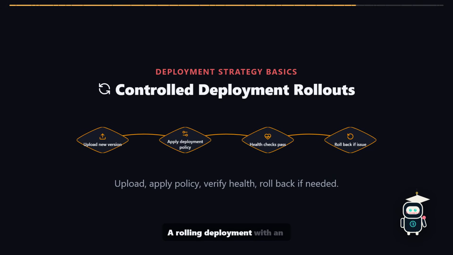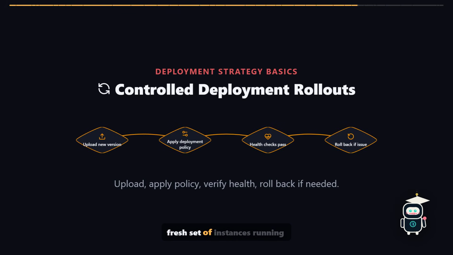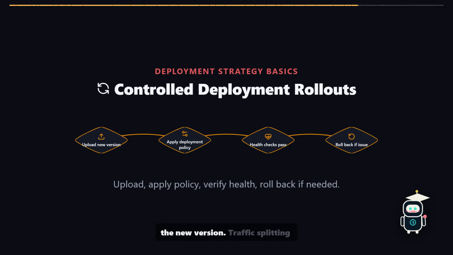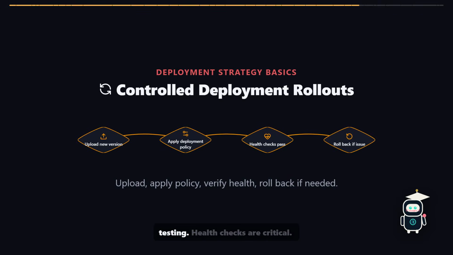A rolling deployment with an additional batch preserves capacity by launching extra instances first. Immutable and traffic-splitting deployments launch a fresh set of instances running the new version. Traffic splitting can send only a percentage of users to the new version first, which supports canary testing.